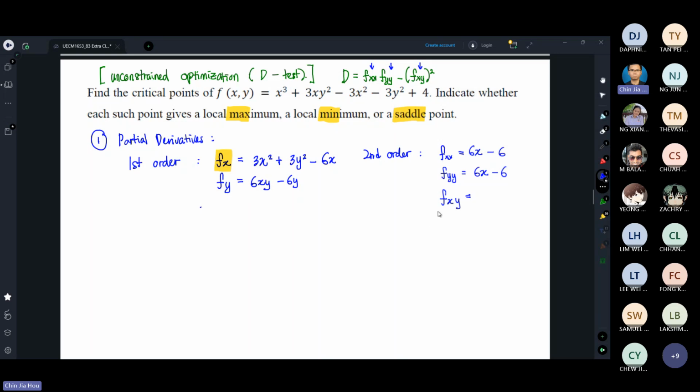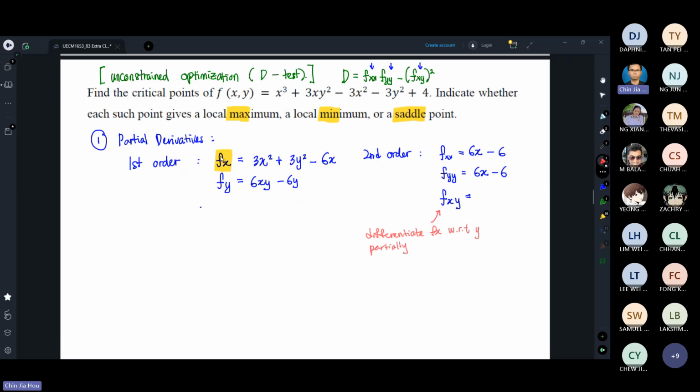So maybe I write a remark over here, just to remind you what is happening: differentiate fx with respect to y, partially.